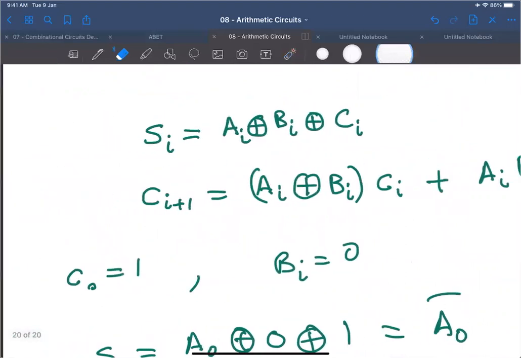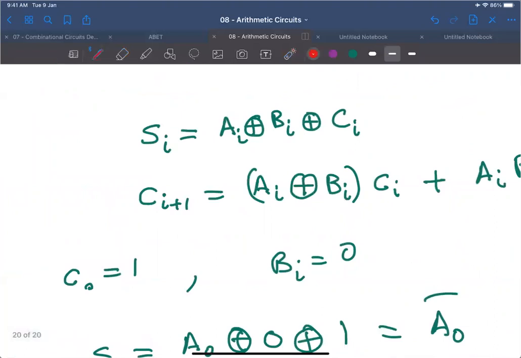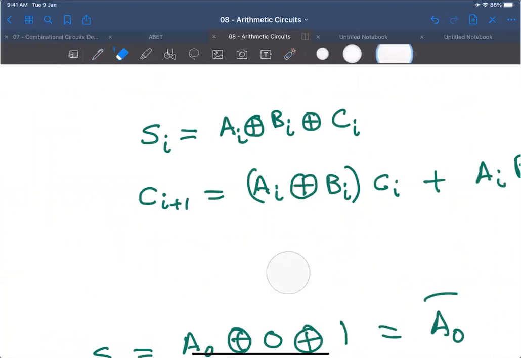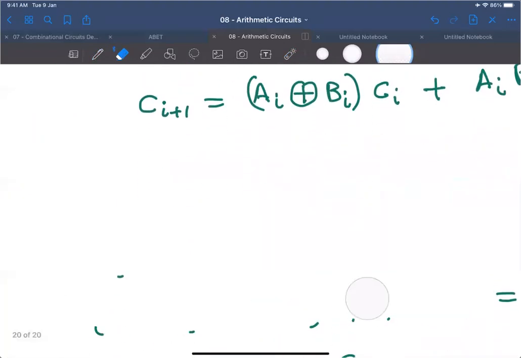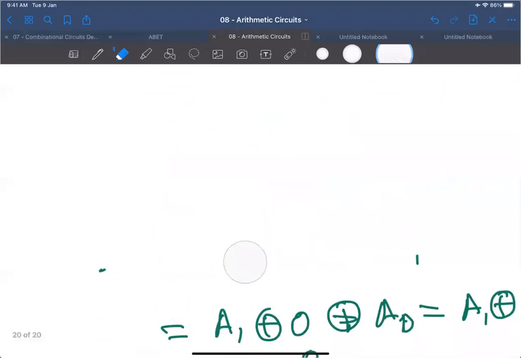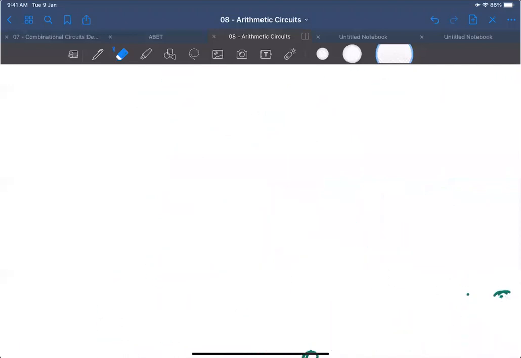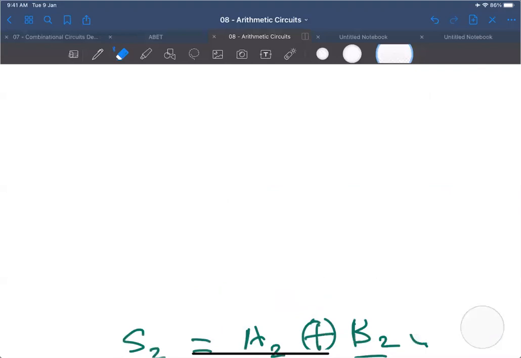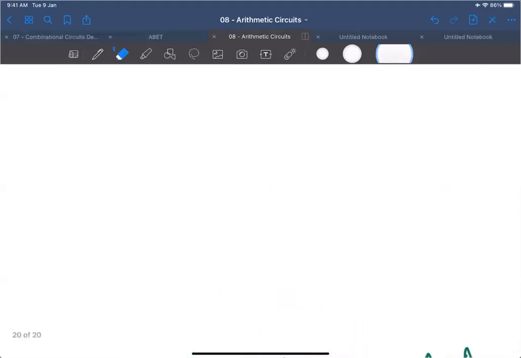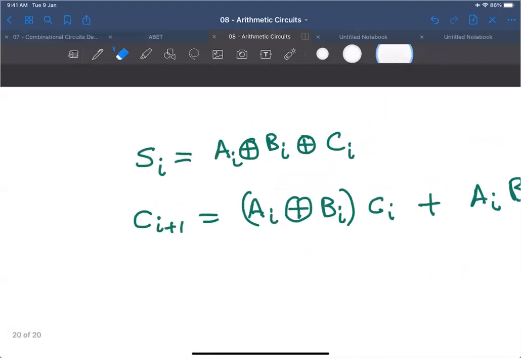We know from before that these are the outputs of the full adder. Okay, if you have been reviewing so far, you'd have known that. Okay, let me just erase everything, and I'm not going to do all of them.